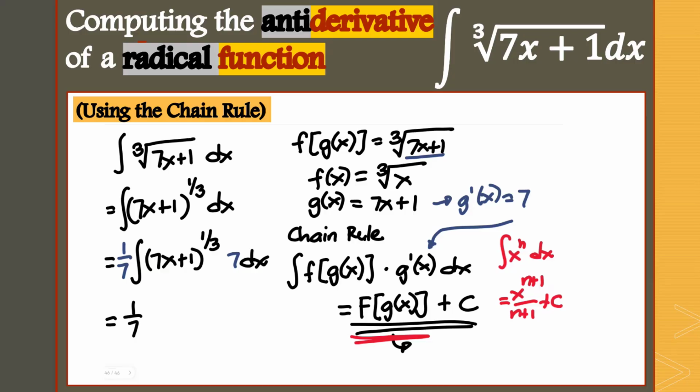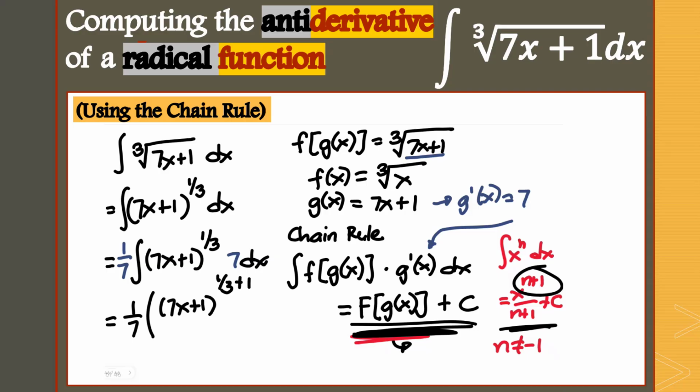It's actually the integral of your outer function f using the power rule, because this exponent is not equal to -1, as this is not possible if it's -1. So what will happen here is this: you will have 7x plus 1 raised to 1/3 plus 1, as n plus 1 stated here, over n plus 1.